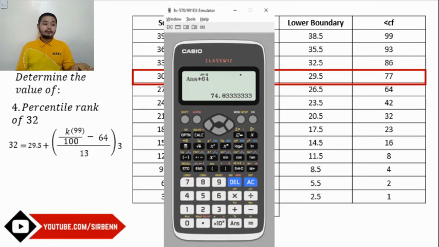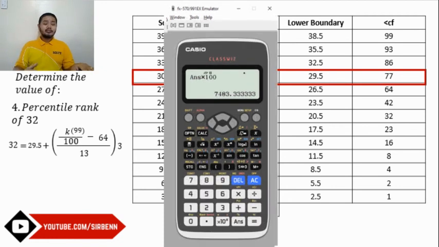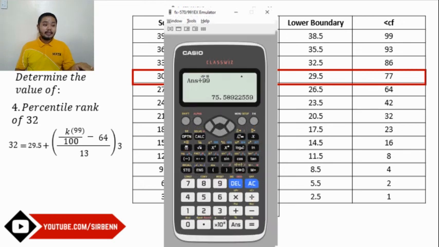And then, after that, i-multiply na natin ito by 100. Yung 100, kasi percentile is percent. And then, we divide by the total number of frequency, which is 99. So, therefore, yung percentile rank ng 32 is 75.59.